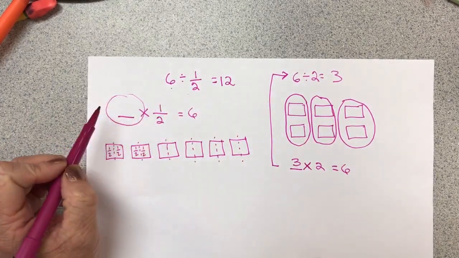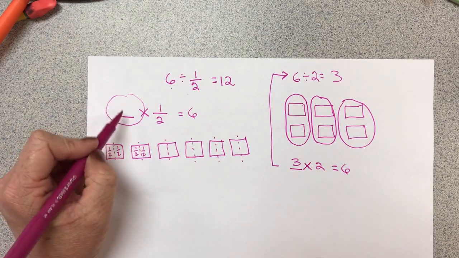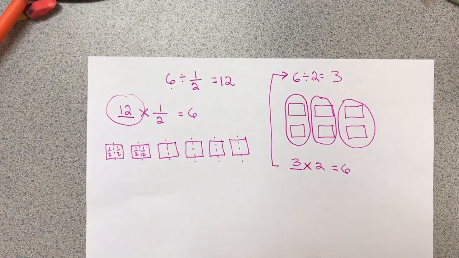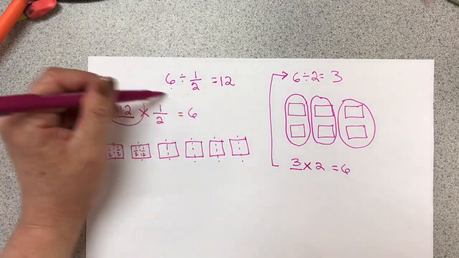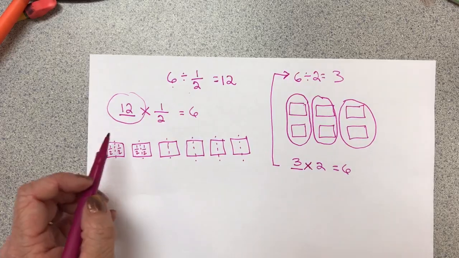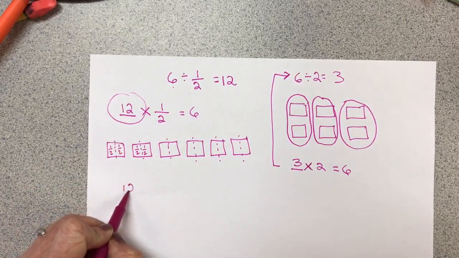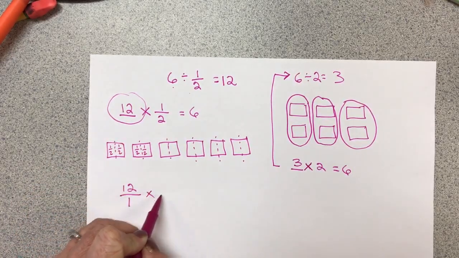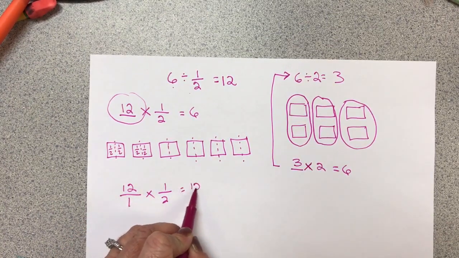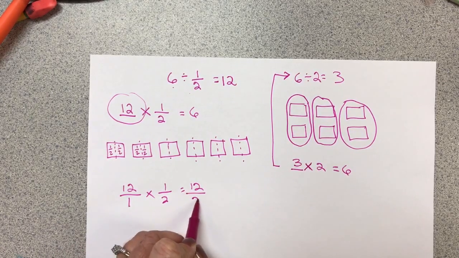And if we look at our multiplication problem as well, we could say 12 times 1/2 equals 6. And that's what we have been working on. So hopefully that looks familiar. And you can even test your answer. So for example, 12 times 1/2. 12 times 1 is 12. 1 times 2 is 2.